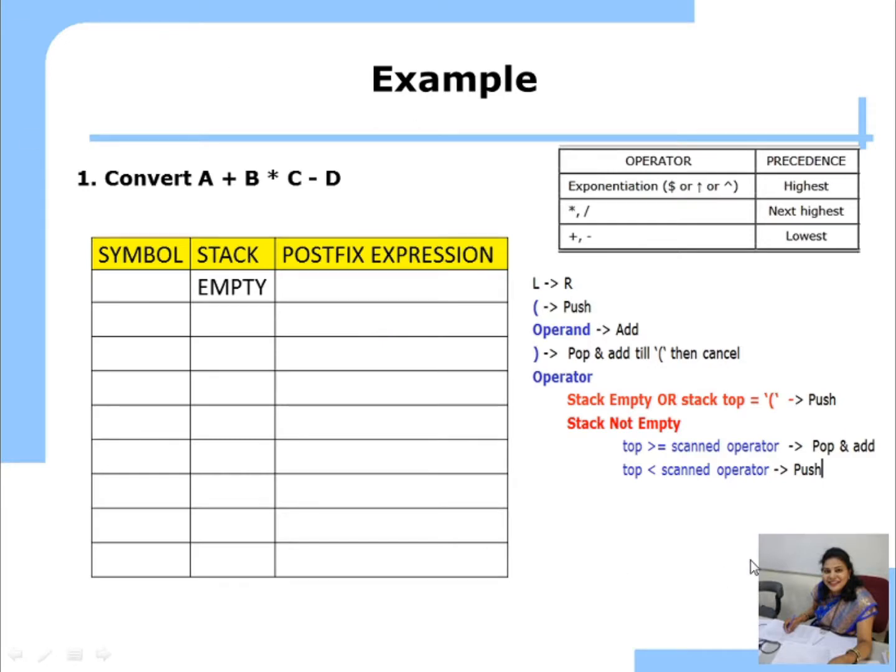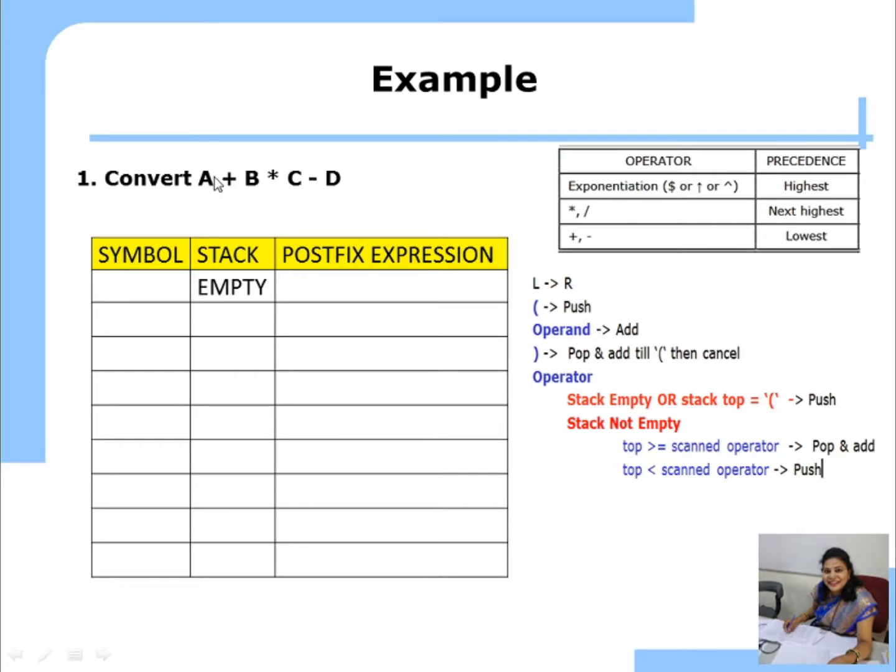So this is a chart. In the symbol column, we are going to scan the input infix expression. What is our expression? A plus B into C minus D. So we are scanning it from left to right. First we will scan A, then plus, then B, then multiplication sign, then C, then minus, then D. For each character in the infix expression, we apply this rule.